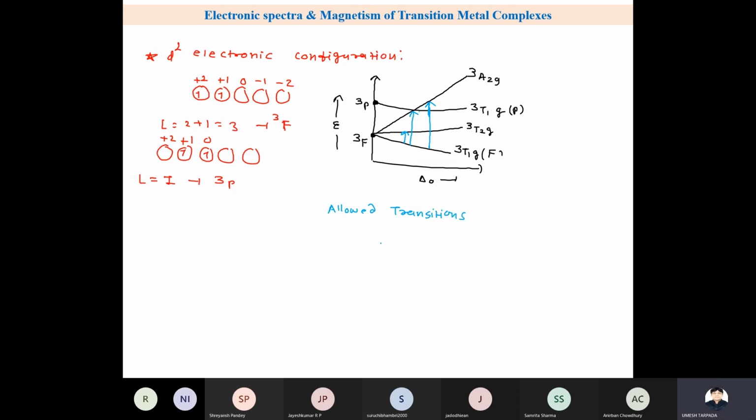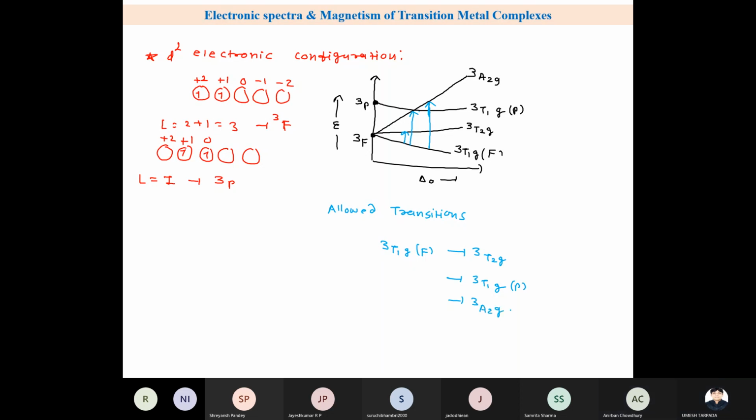First one, the ground term is triplet T1G to triplet T2G, then triplet T1G, and then triplet A2G.